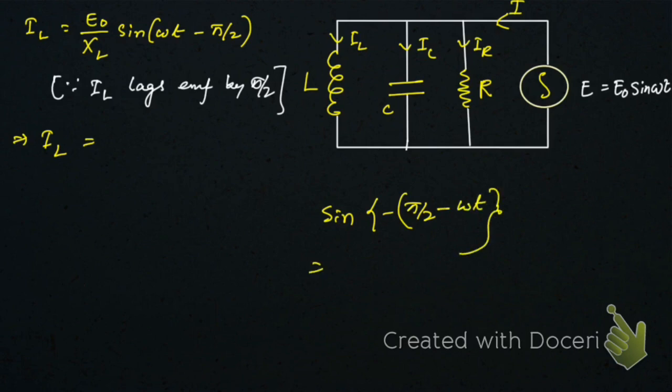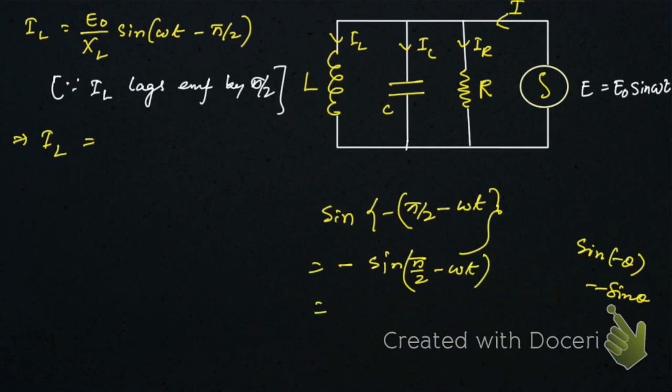And we know sine of minus theta is minus sine theta, so it's going to be minus sine of pi by 2 minus omega t, and sine of pi by 2 minus omega t will be cos omega t. So we can write E naught by XL, with a minus sign, cos omega t. Hope you have understood how we have got this one. This is equation number 4.